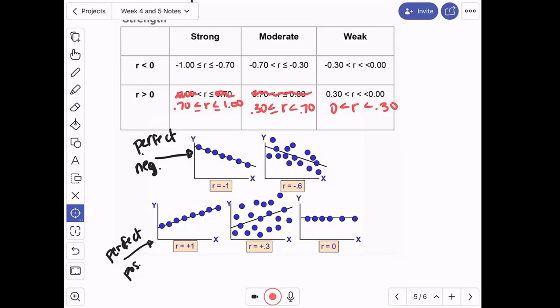So when we talk about correlation, let's go find the correlation of this data set. It's very simple to find correlation using Excel. There is a formula for correlation, but we will not use it. We will actually use a chart to do this.